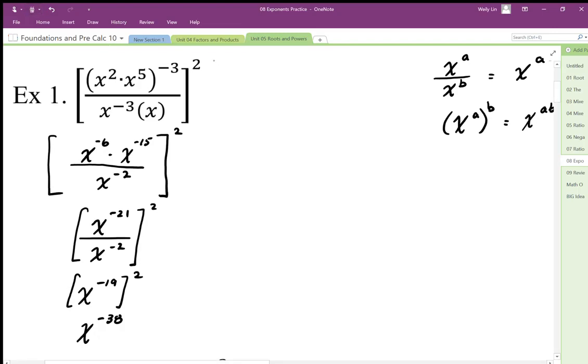So I can do the same problem with a slightly different strategy. And what I'm going to do is, again, work from the inside first. But I'm going to apply the negatives, and I'm just going to deal with these negatives first. Okay. So these negatives really mean that I have negative, this is my base.